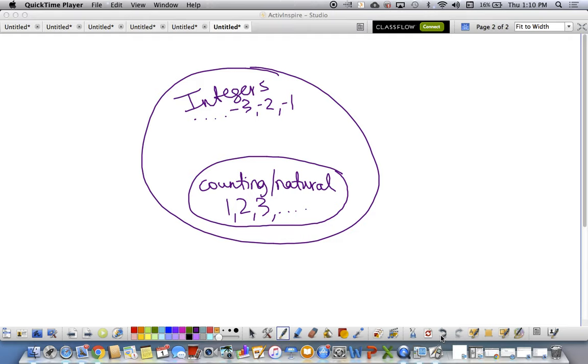What number do we not have up there? 0. Do you know where 0 goes? What do we call them? Whole numbers. What are whole numbers? Any number that's not decimal. All the counting numbers plus 0.